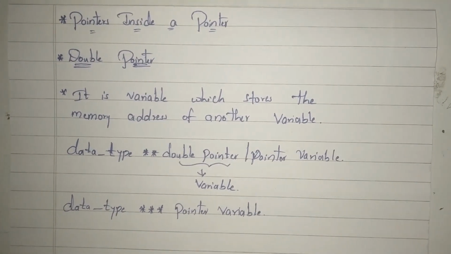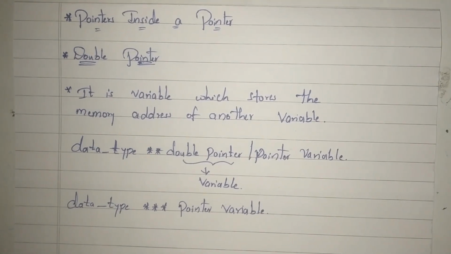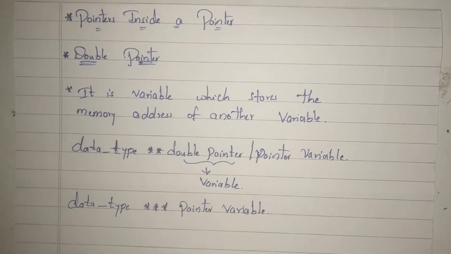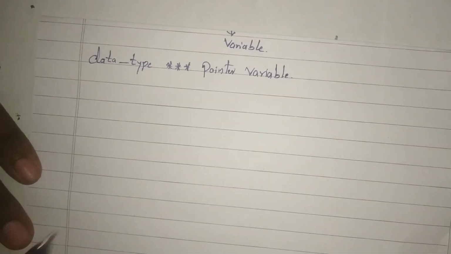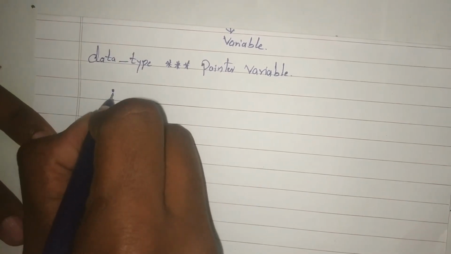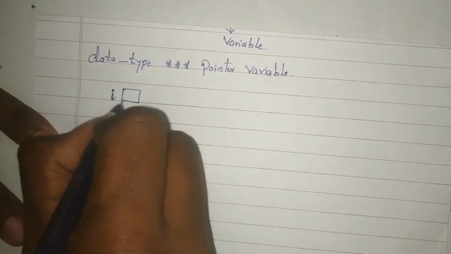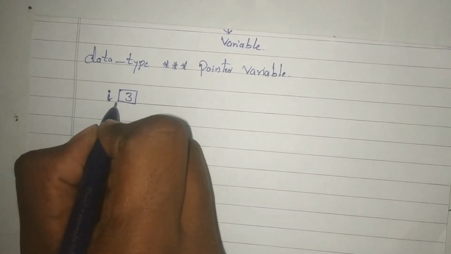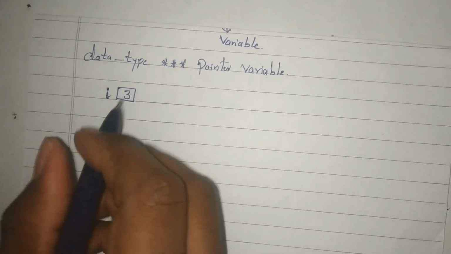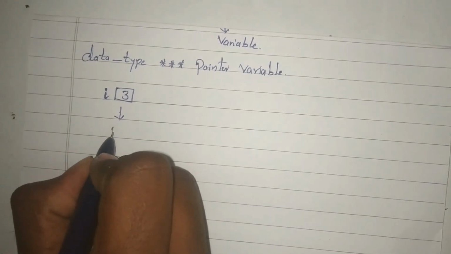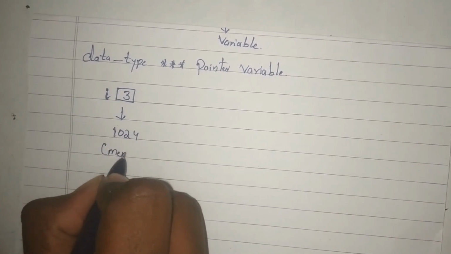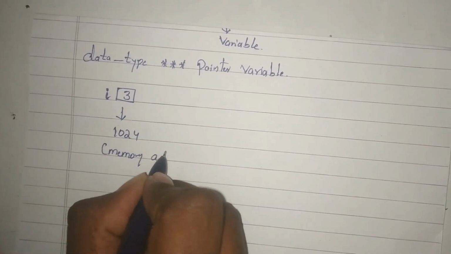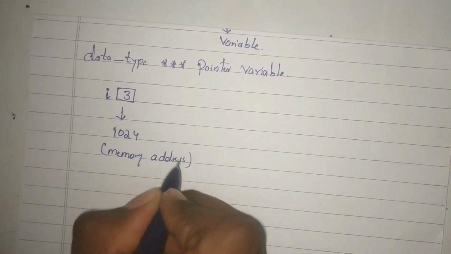Now let me see a small example of pointers inside a pointer. Suppose we have a variable called i, which stores the value 3, and it has a memory address of, let me consider, 1024. It is the memory address of variable i.